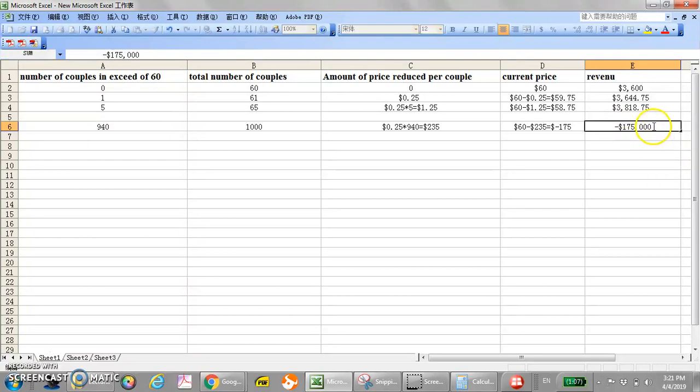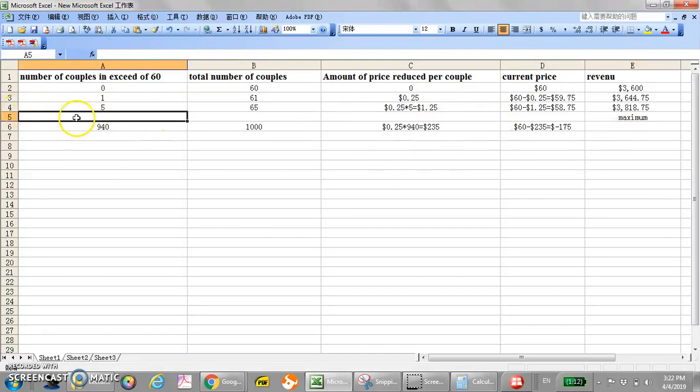So at this point, if we have 1,000 couples coming to the event, the hotel loses money, right? It doesn't make any money. So this example shows us it's not the case that the more couples coming, the higher the revenue is. So we are looking for a number in between, at which the revenue is going to be the maximum.